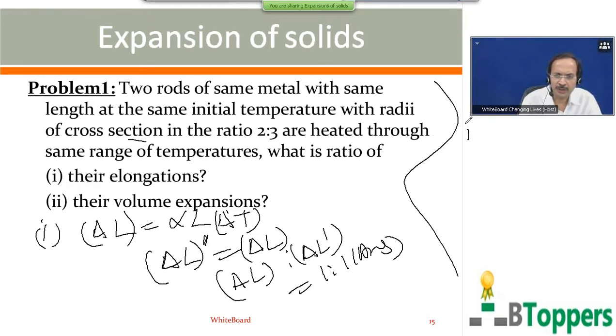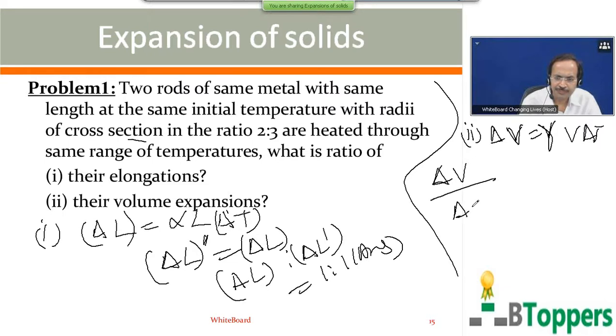So the increase in volume, or volume expansion, can be written as gamma into original volume and increase in temperature. Both the rods are made up of the same metal and they are originally at the same temperature, so gamma is the same for both the rods.